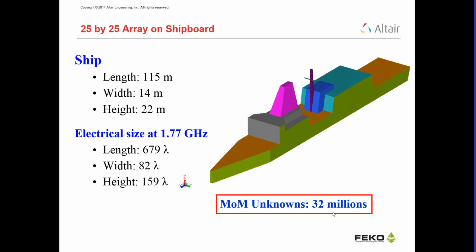It would have resulted in 32 million unknowns, which is almost impossible with the memory and CPU time that we have. Even if you have terabytes of memory, it may take months to compute the radiation patterns on a problem like this with 32 million unknowns.